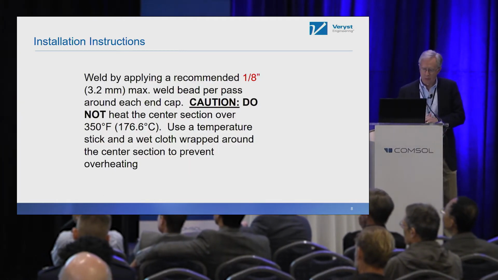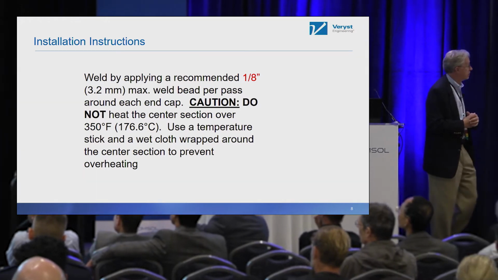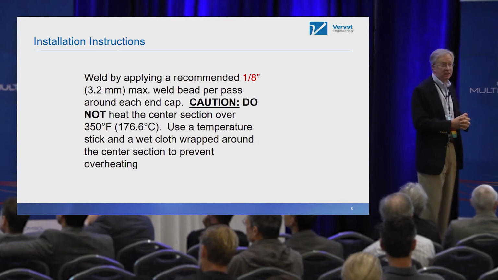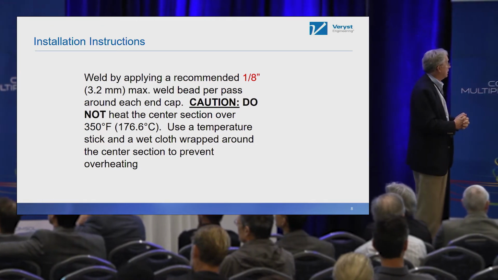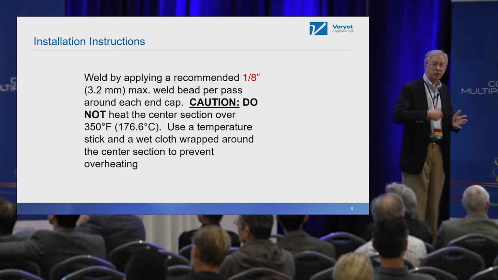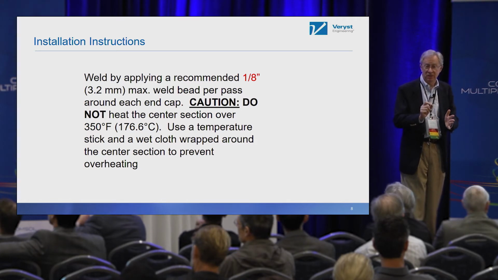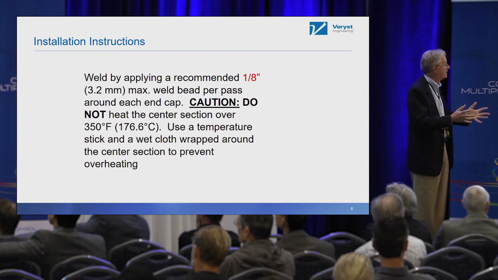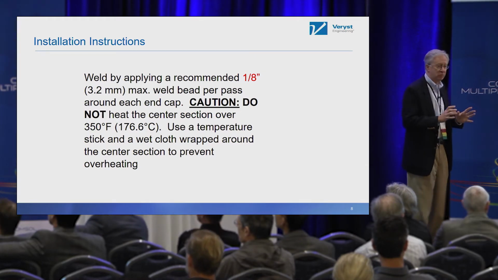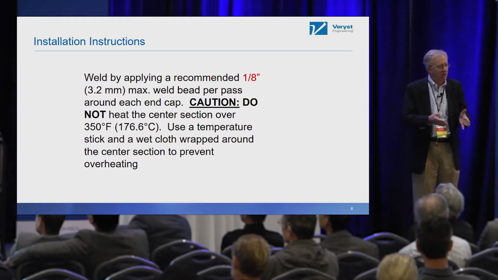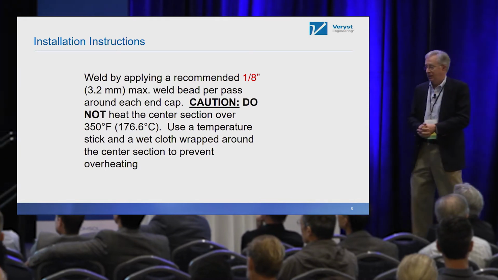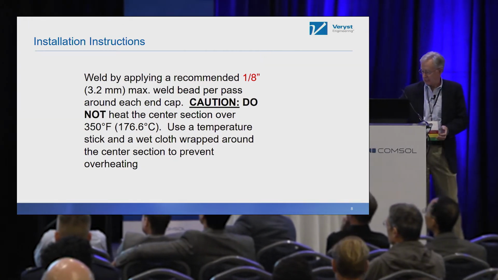The issue is, though, if you look at the installation instructions for this valve, it says weld by applying a recommended 1/8 inch weld bead per pass. So you can do multiple passes, but each pass has to be 1/8 of an inch in size. Caution, do not heat the center section over a certain temperature, and be proactive about that by monitoring the temperature and actively cooling that center section to prevent overheating.